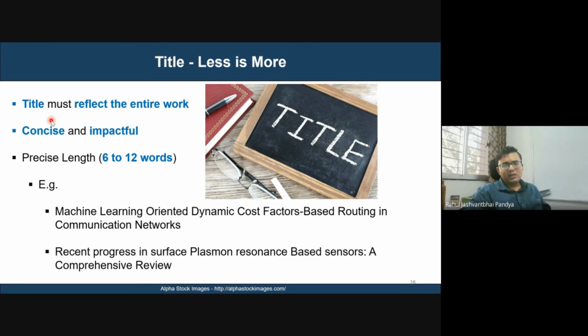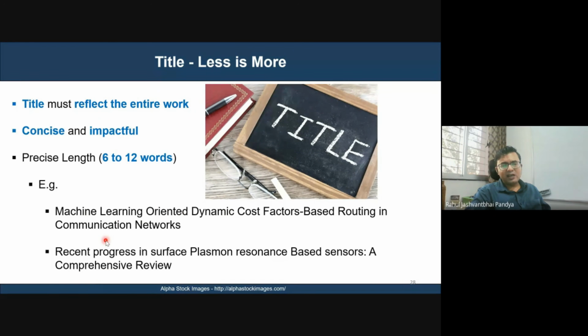That's the ideal one. So, let's say, these two are examples of attractive titles. Let's say, machine learning oriented, dynamic cost factor based routing in communication networks. Second title example is, let's say, recent progresses in surface plasmon resonance based sensors, a comprehensive review, right? So just 2 lines titles, and it immediately says that machine learning oriented dynamic cost factor based routing has been studied here, right?